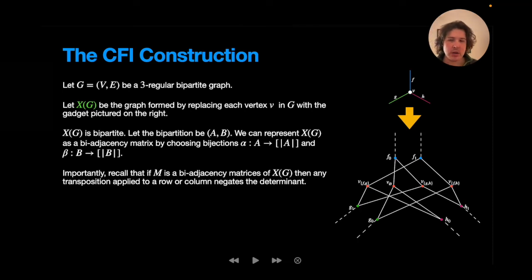Importantly, and reasonably straightforwardly, we should recall that if M is a biadjacency matrix of some XG, then any transposition applied to the rows or columns negates the determinant. So the determinant of M is the negation of the determinant of N, where N is formed by flipping two rows or two columns.